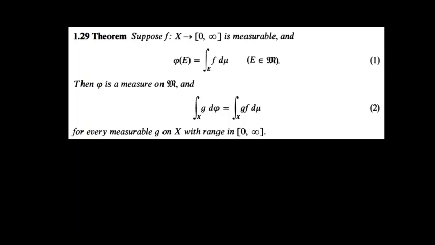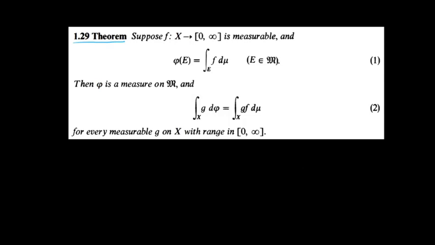Dear students, today we will discuss Theorem 1.29. In this theorem, we will extend a result which we had earlier. If we had a simple measurable function, we know how to define a measure.